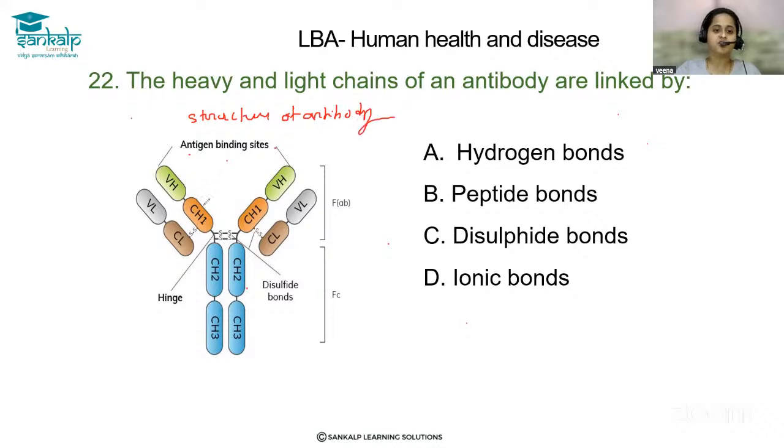If you observe here, the antibody contains the heavy chain, so this is called the heavy chain. And the variable arms are called the light chain.